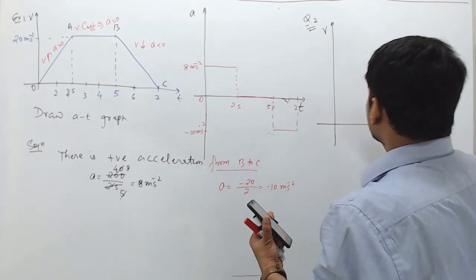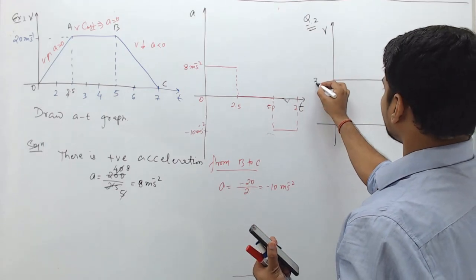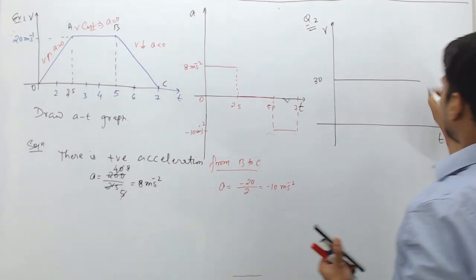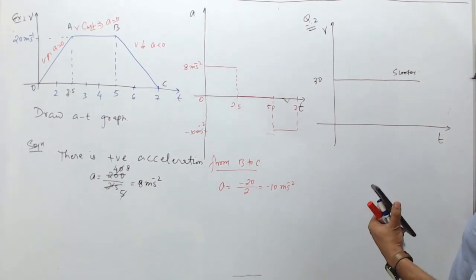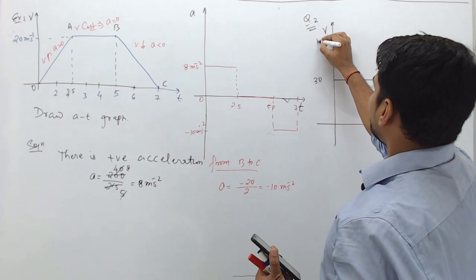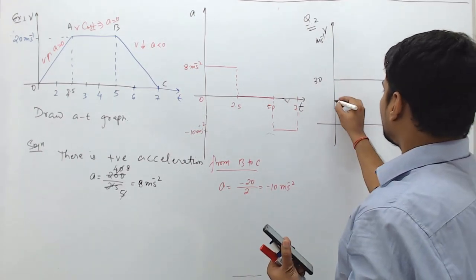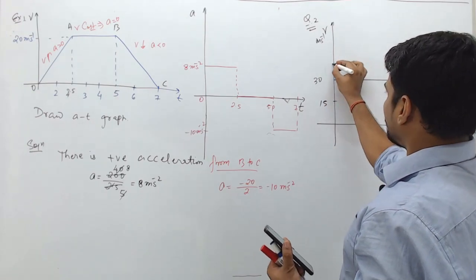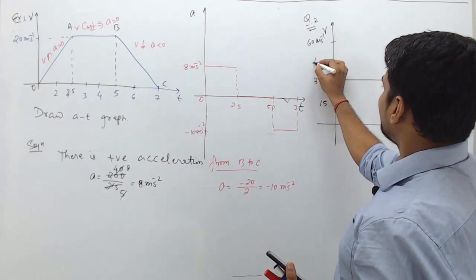So basically, there is a scooter which is moving at a constant speed, so at 30. This graph is for the scooter. It is moving at a constant speed of 30 meter per second. So this velocity is in meter per second. Okay, great. Now we have one car. So we have 30, 45, 60, and here we have 45.